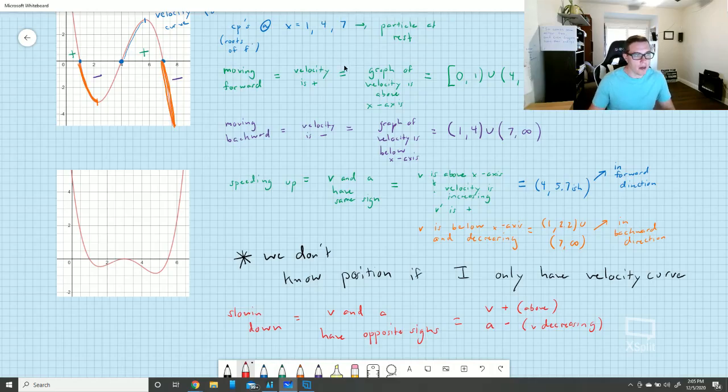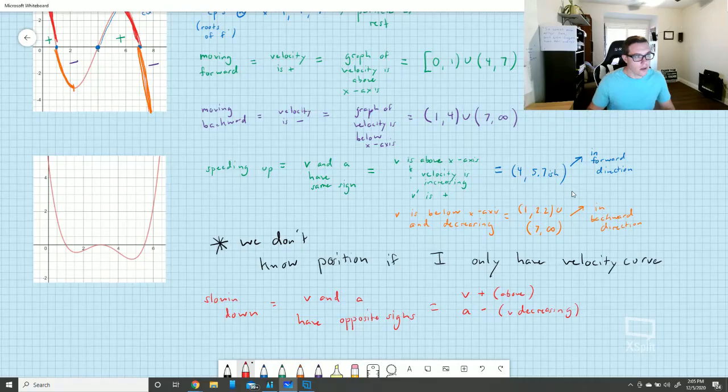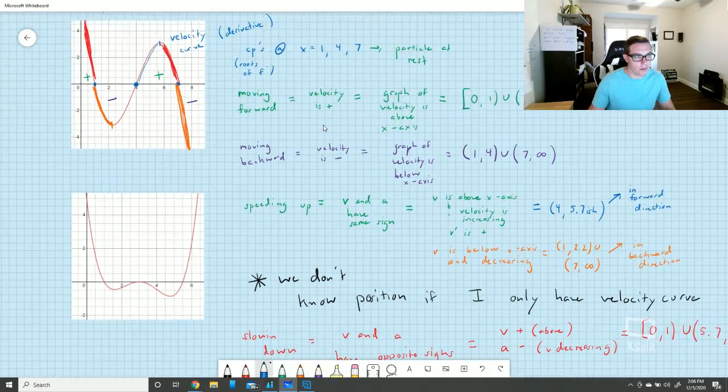So where am I above and decreasing? Looks like right here and right here. So the interval from 0 to 1 and the interval from that point up there, 5.7-ish to 7. I'm actually going to go back and bold this a little part.